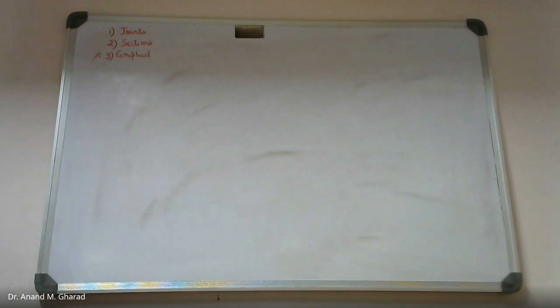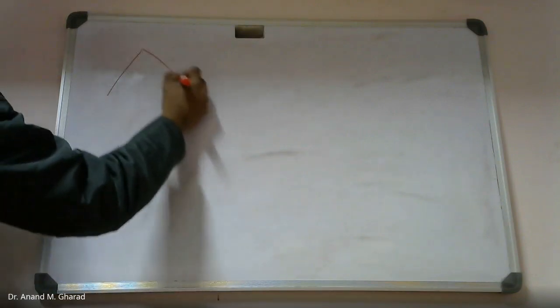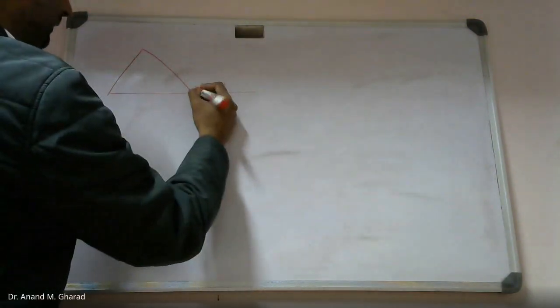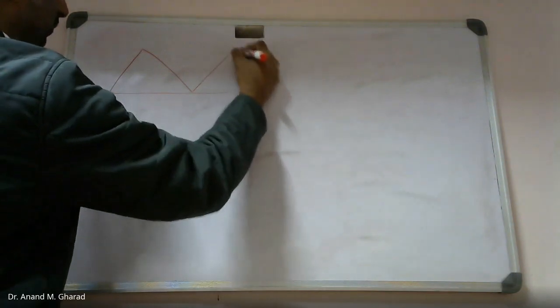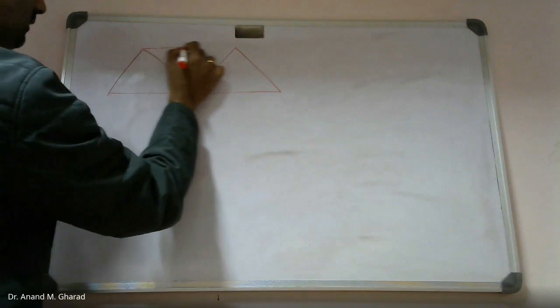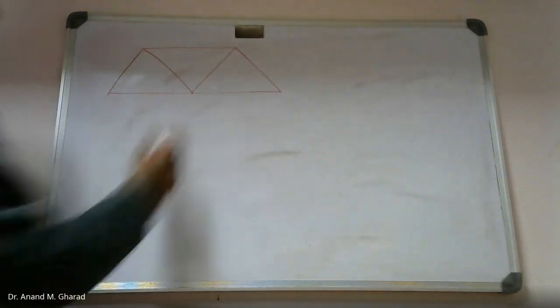So let us see what is the process or procedure in order to analyze a truss with the help of method of joints. So let's say there is a truss which is given to you, and on this truss you will find the load which is acting, it is actually a point load, or point loads you can say, and they are acting on the joint as per our assumption.